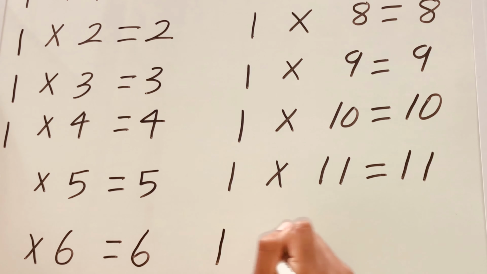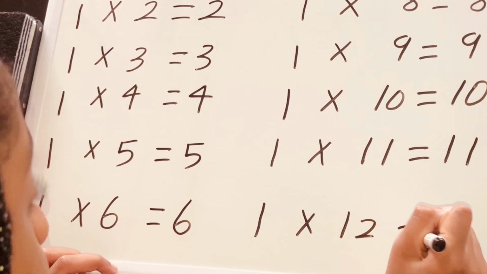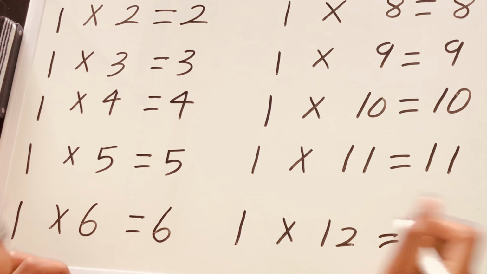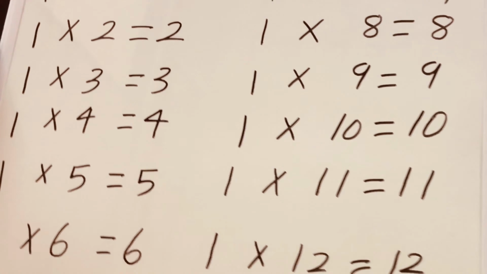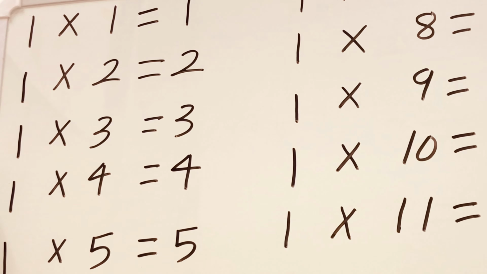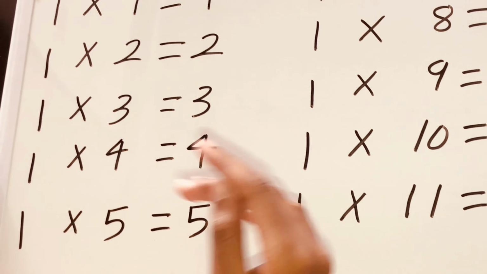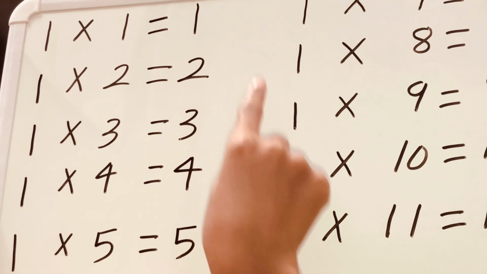And 1 times 12 equals 12. Look, from 1 to 12, you can see that 1 times any number equals that number.